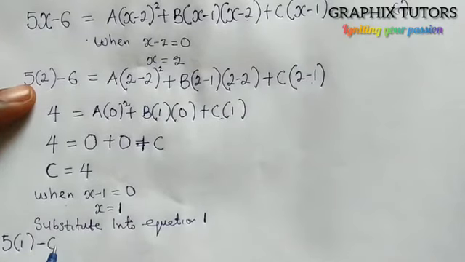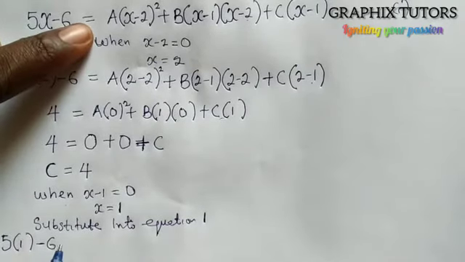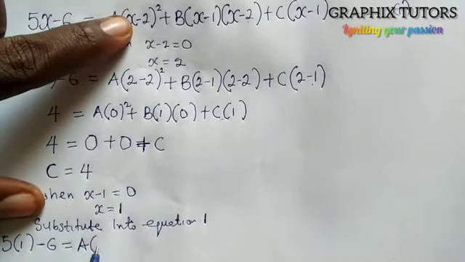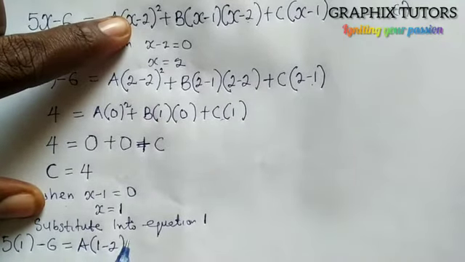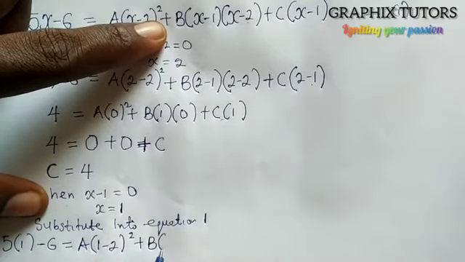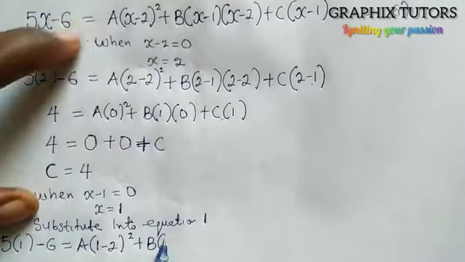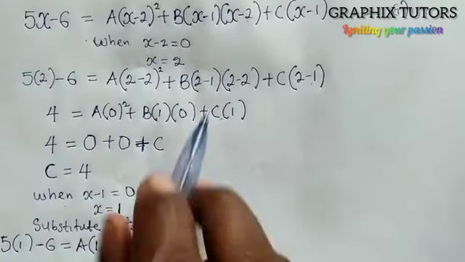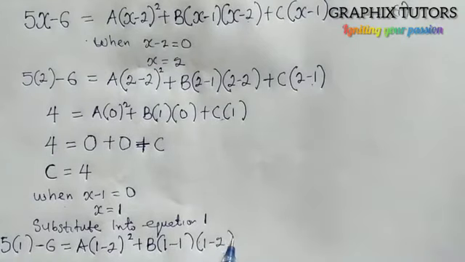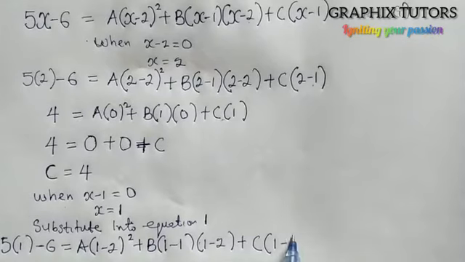Minus 6 equals a bracket x is 1, minus 2 all square, plus b into bracket 1 minus 1 because x is 1, bracket 1 minus 2, plus c bracket 1 minus 1.